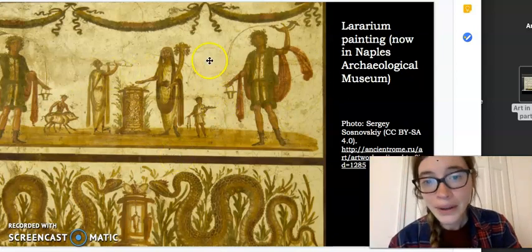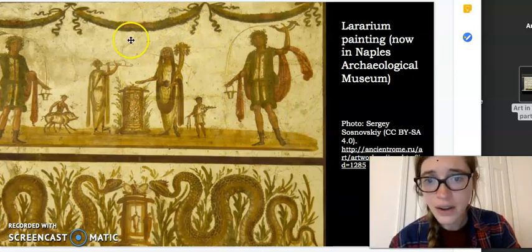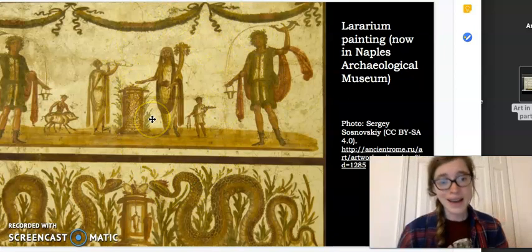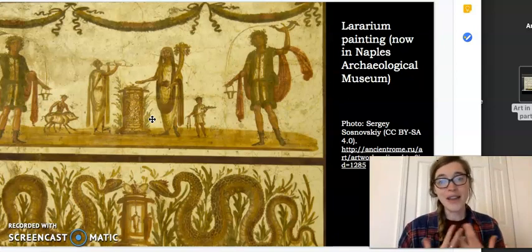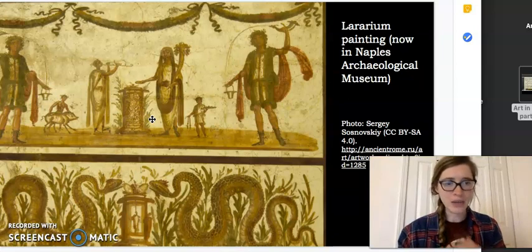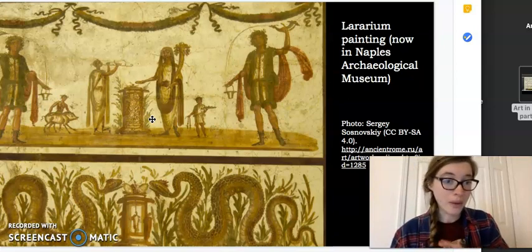And then up here, we see another god that is at the center of the household cult, and this is called the Genius, depending on how you want to pronounce it. And this represents the guardian spirit of the paterfamilias, the male center of the household, a part of that focal point of power within the household.